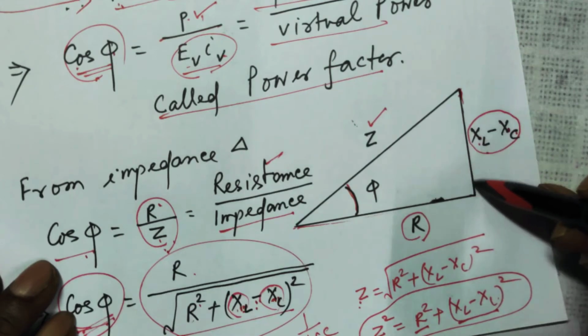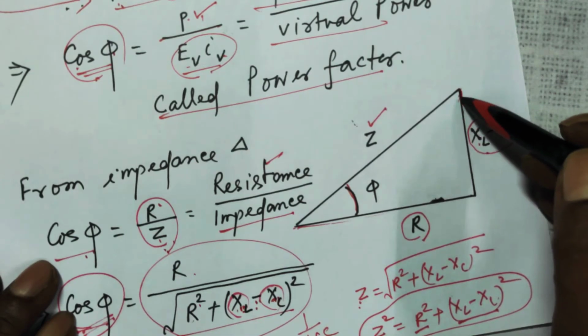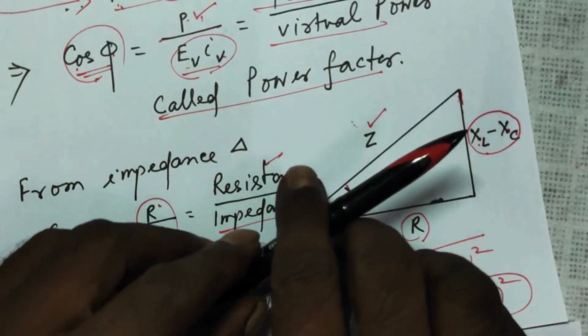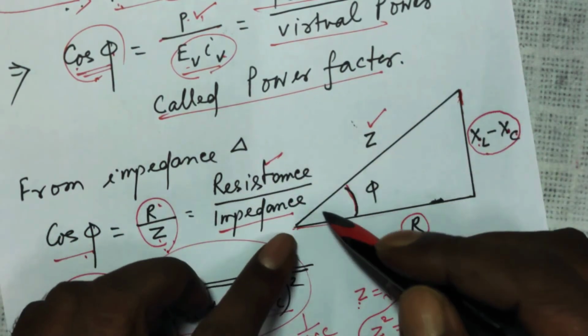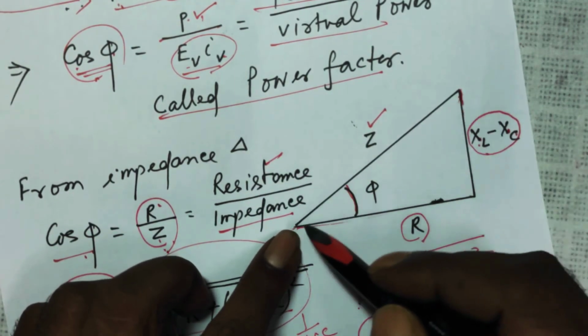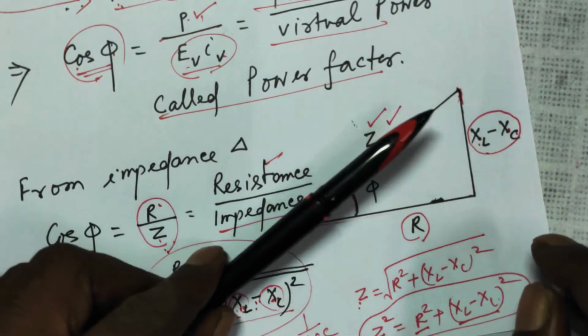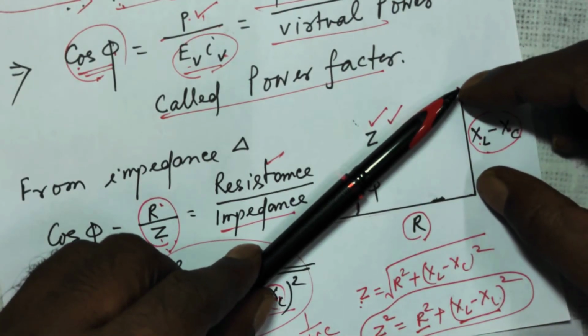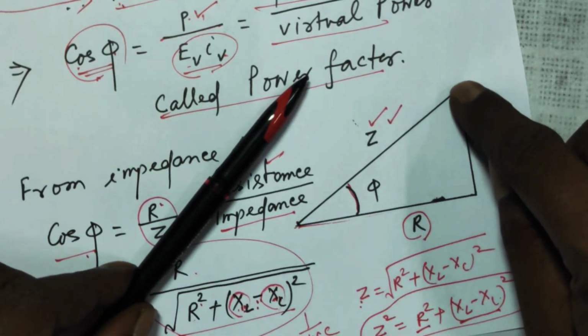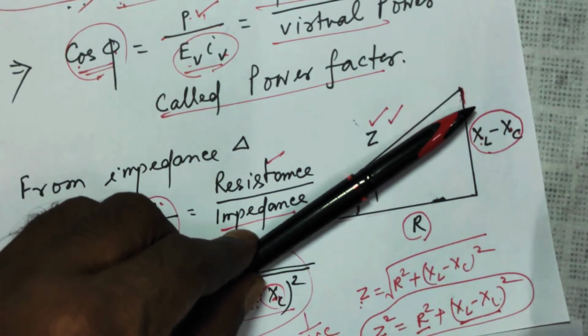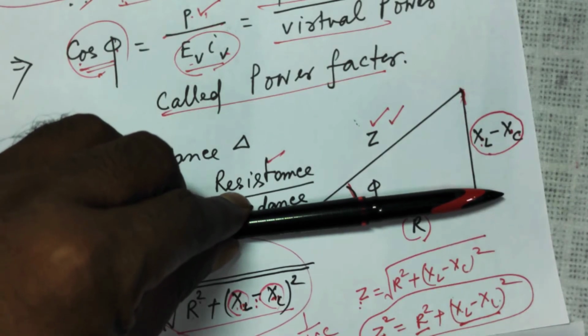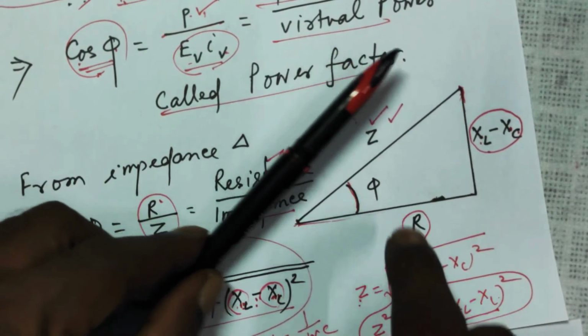So the length of this side will become 0. If the length of this side becomes 0, then this line, the hypotenuse, from this point to this point, which is representing Z, will become like this, means phi will become 0.